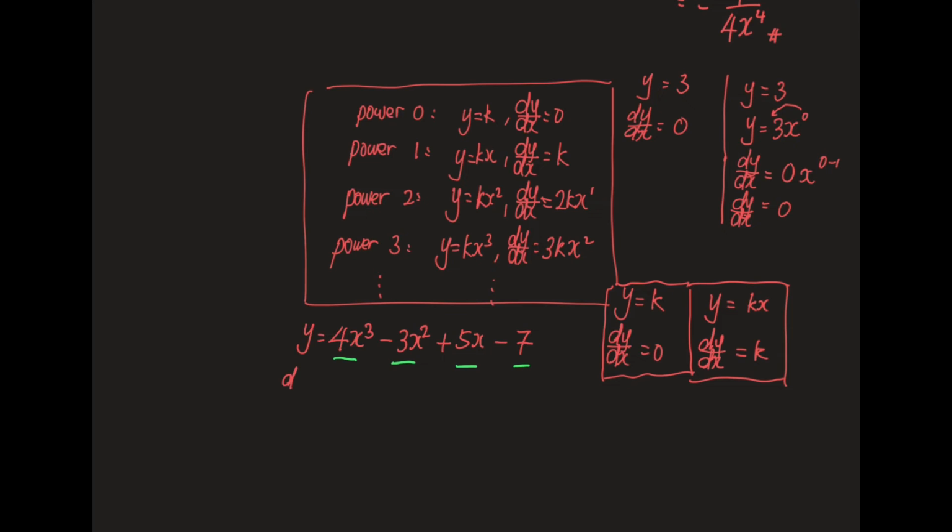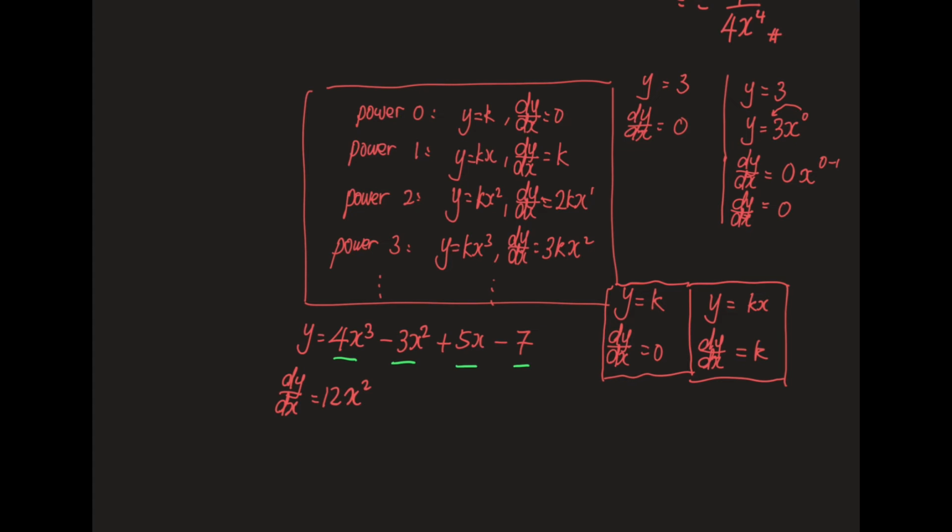Okay, so dy dx, term by term. Okay, so for example, 4x cubed. You know this idea, right? So power 3, put it in front and multiply. 3 times 4, 12. Minus 1 to the power, you get 2.